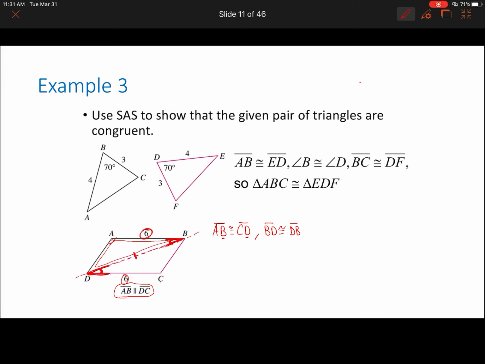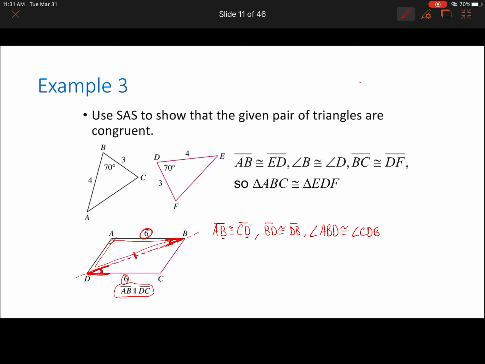This angle, let me name it CDB, that angle is an alternate interior angle to angle ABD, this one. And so since they're alternate interior, then they have to be congruent. Again, that's based off of our knowledge of parallel lines cut by a transversal.